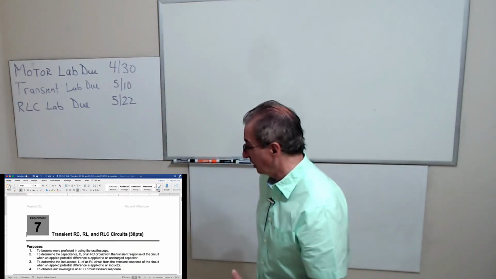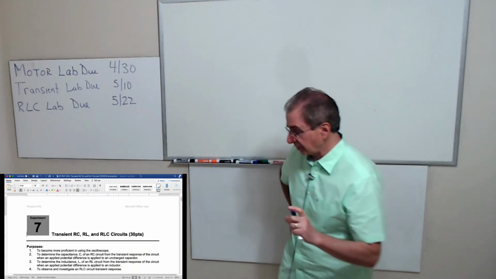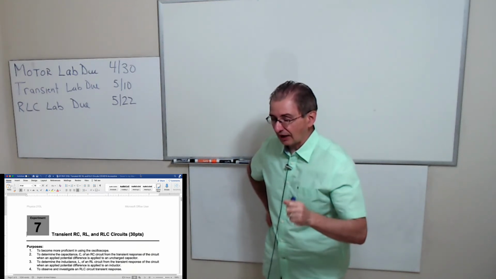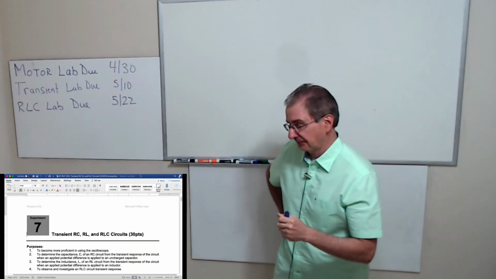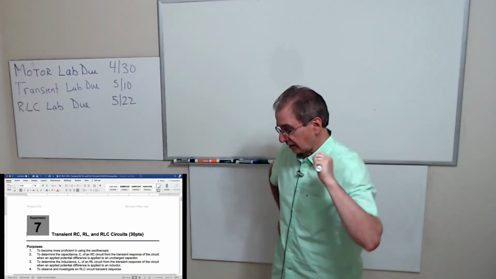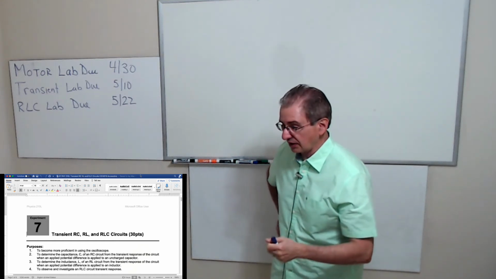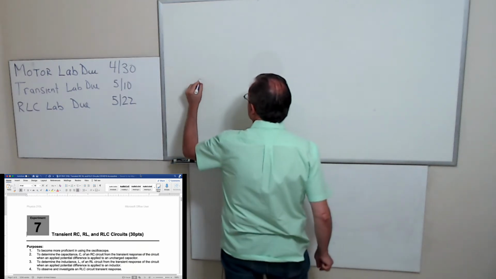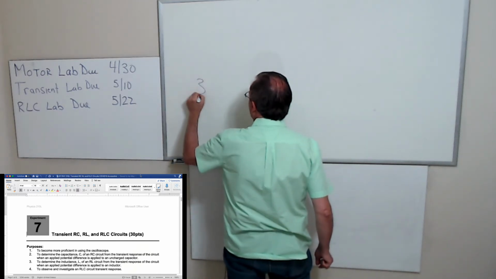One of them that's a little bit troublesome is when I ask you whether or not two values agree, and a lot of you still focus on the percent error instead of looking at the overlap between two measured values. So let's say I have two measurements.